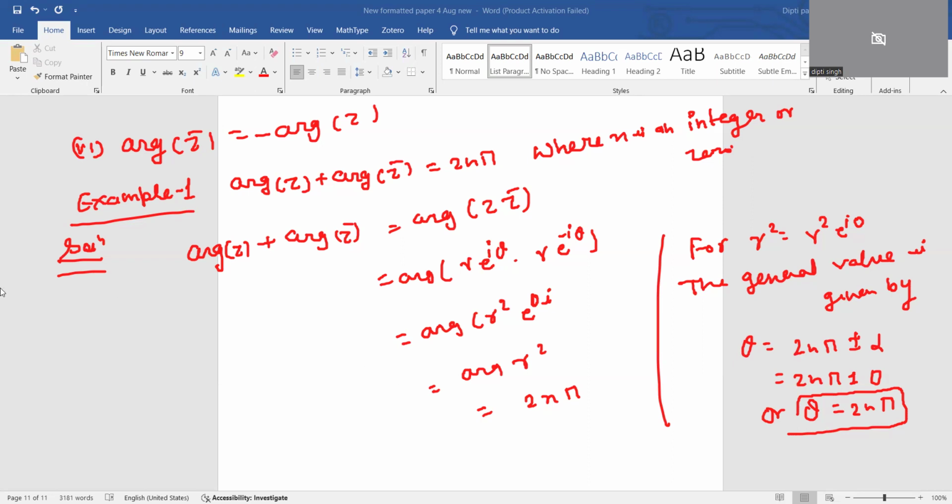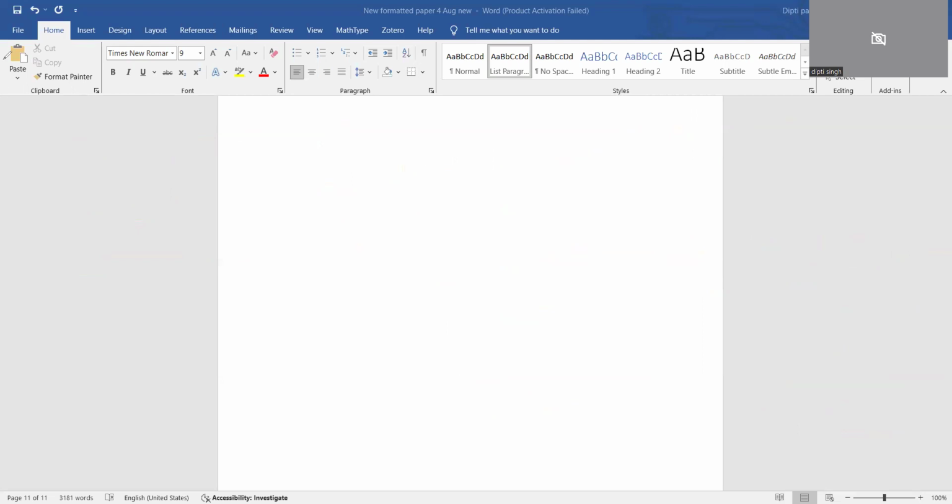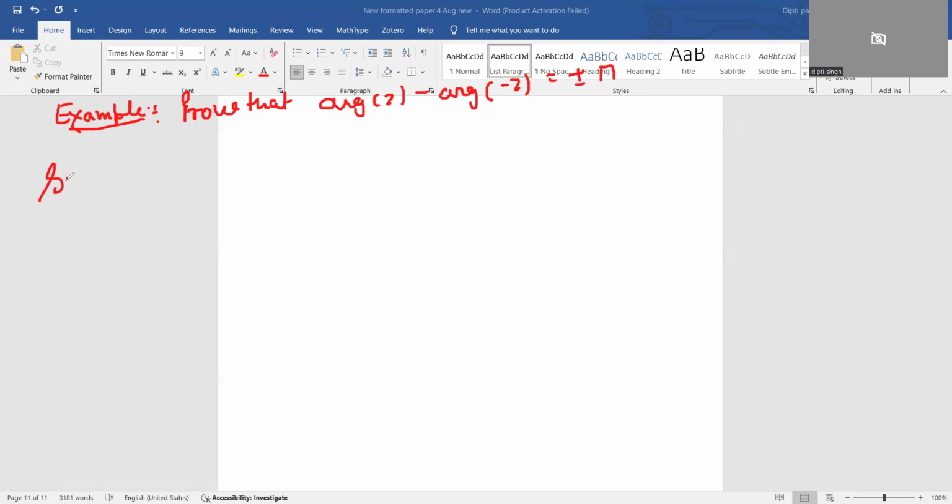Now we move to next. Prove that argument of z minus argument of minus z will be plus minus pi. Solution.